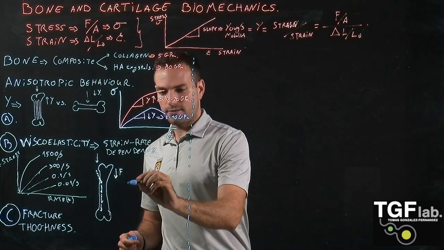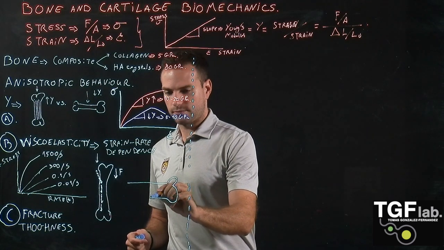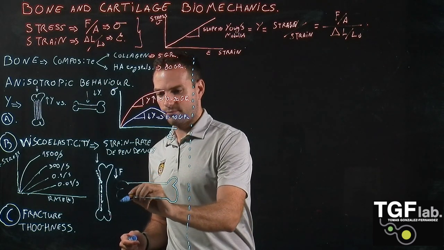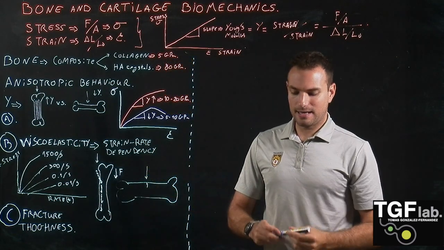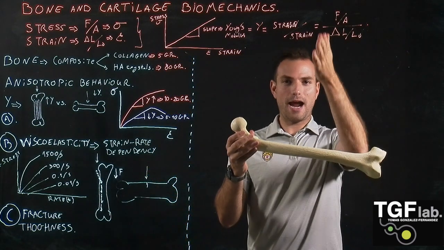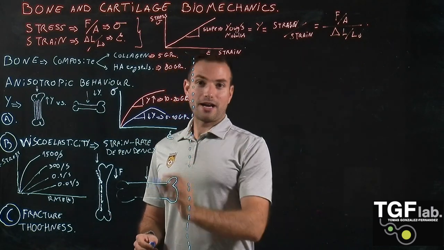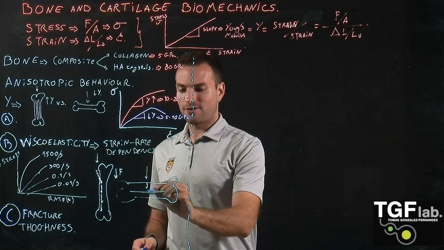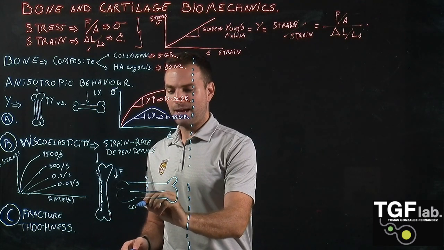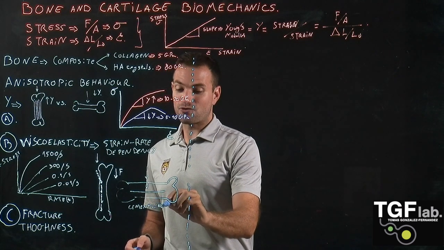But in comparison, so let's make this a bit bigger. When a crack starts here, in this radial manner, the crack is going to come here and arrive at this line, which is called the cement line, which is very strong.